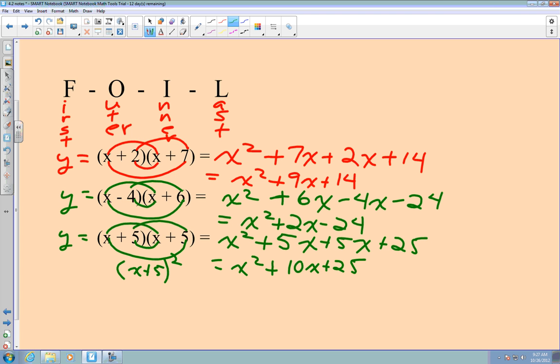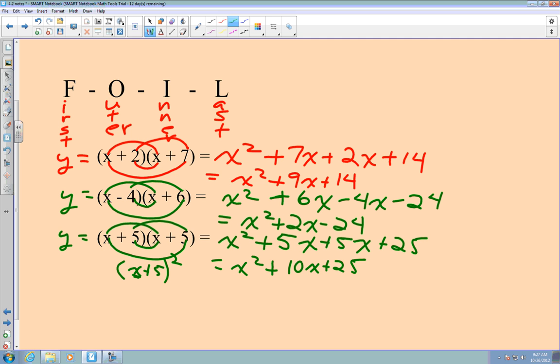To do the shortcut, you take the first term squared, so x squared, plus the first term times the last term times 2. So 5 times x times 2, 10x, plus the last term squared, 5 times 5 is 25. Like I said, if you remember the shortcut, use it. If you don't remember the shortcut, multiply it out, and then you'll be sure you got it right.